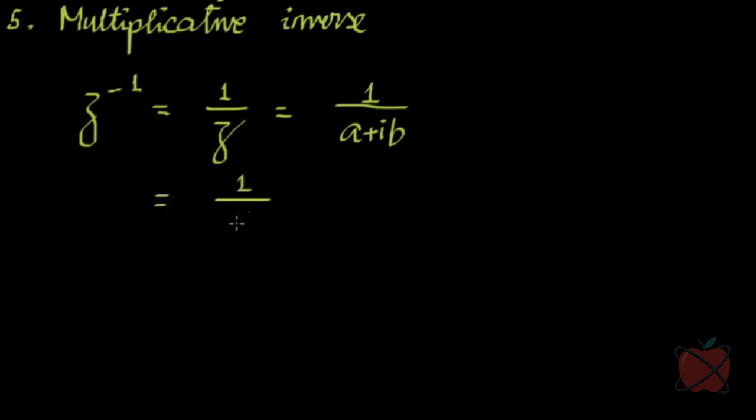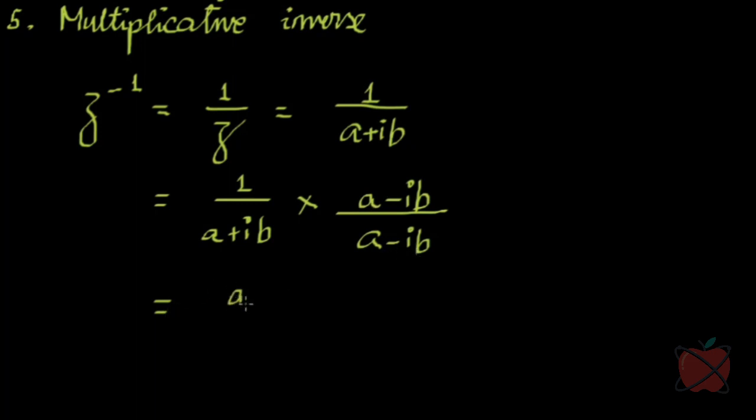I'm going to follow a method similar to that. What you're going to do is multiply both numerator and denominator by a minus ib, by the conjugate. We'll discuss about the conjugate after some time.